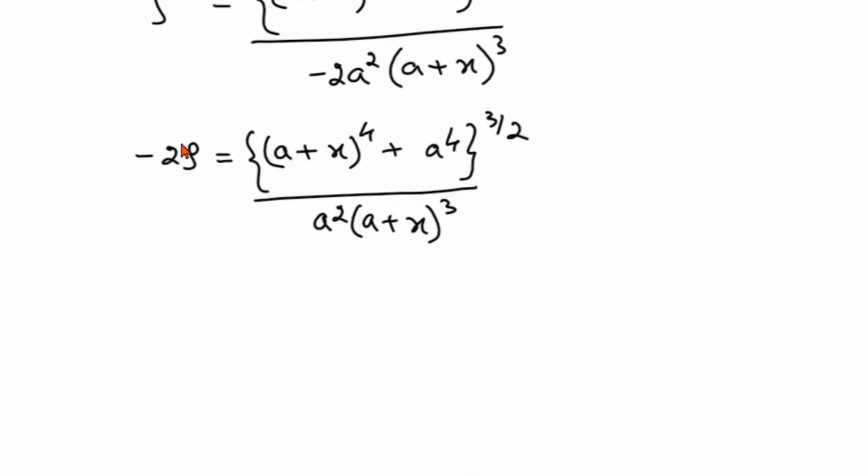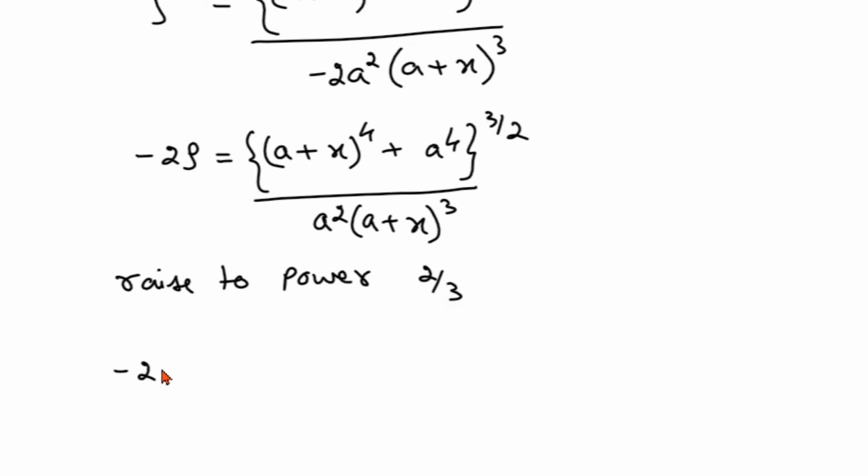Now we have to get to the power of 2 by 3. So therefore raised to the power of 2 by 3, so that this 3 by 2 will cancel out with this 2 by 3, and this power will cancel out on the right hand side.